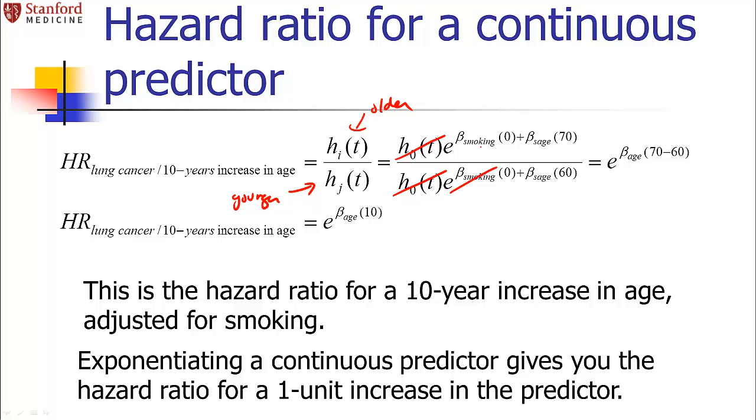I'm going to fix smoking, say they're both non-smokers, or I could have said that they're both smokers, so that those will cancel out. So all I'm left with here is e raised to beta age, and let's say I want to compare somebody who's 10 years older to somebody who's 10 years younger, then it would just be beta age times 10. I would then exponentiate. That would give me the hazard ratio for a 10-unit jump in age. It works exactly the same as when we exponentiated betas from a logistic regression model, except now we're getting hazard ratios instead of odds ratios.